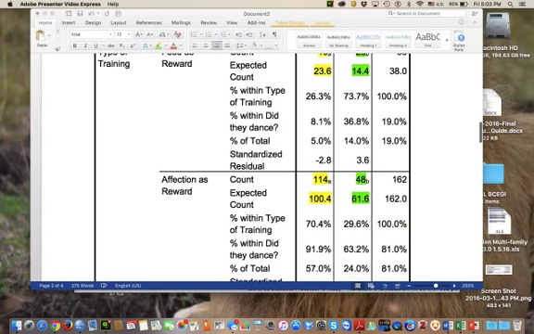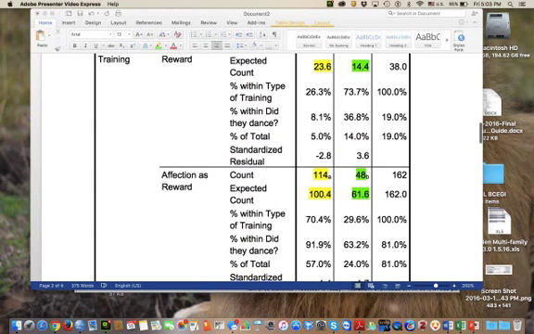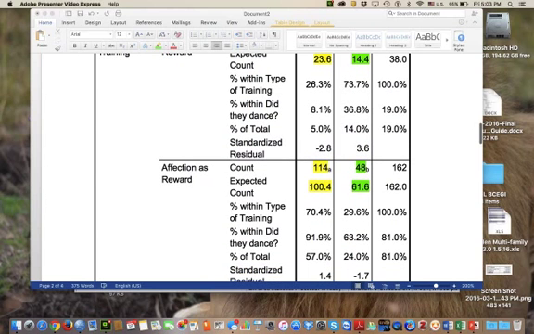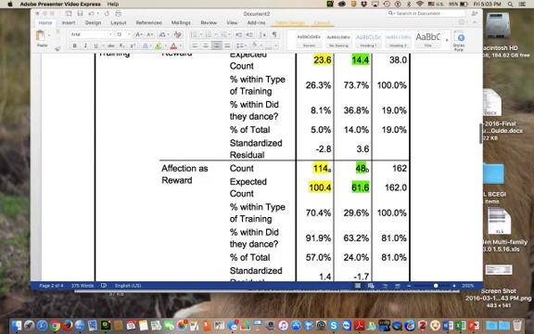Affection as a reward, 114 did not dance, 48 did dance. Our expected count was 100 would not dance, and 61.6 — I don't know how they got 0.6 of a cat to dance, but that's what we expected, or 62, I'm sure — cats were expected to dance as a result of affection. And so that's the output.